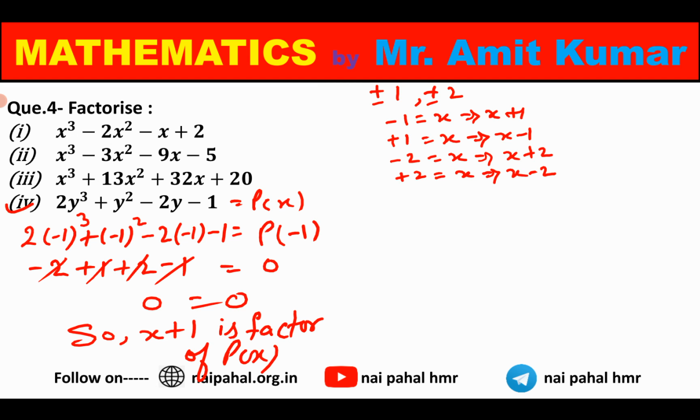And I would like to tell you that we have already found one factor earlier. So what will that be? That is x plus 1. So we can say that x plus 1 is a factor, and hereby we have the more factors x plus 2 and x plus 10.